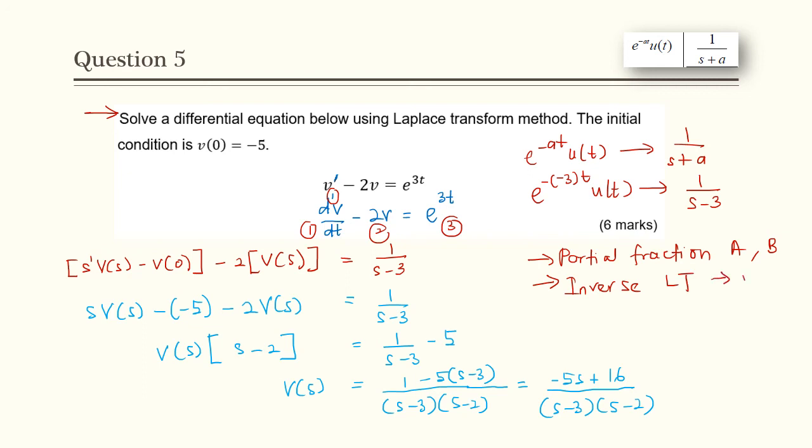So you will get vt in this case. So for partial fraction expansion, this is basically equal to a divided by s minus 3 plus b divided by s minus 2. So you need to find what is a and b, and then rewrite the equation by including both a and b values. Next, perform inverse Laplace transform for the given equation. So please derive and complete the solution, and you can compare with the previous example as reference.